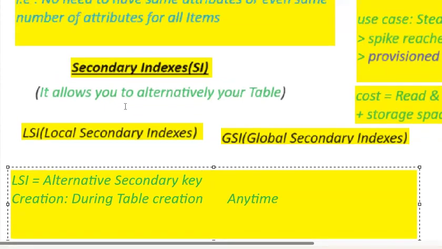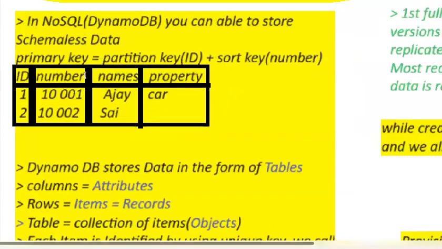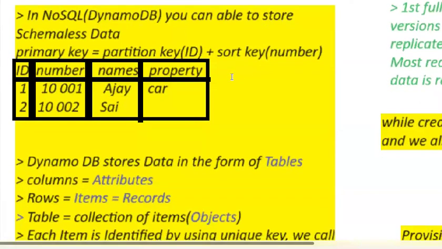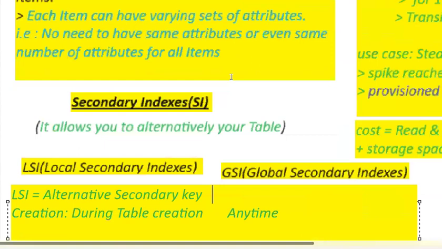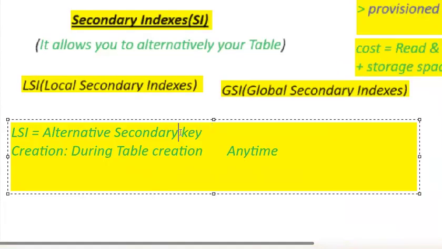That means in your table, you have a sort key, and the LSI is an alternative sort key, not a secondary key. LSI is nothing but your alternative sort key.